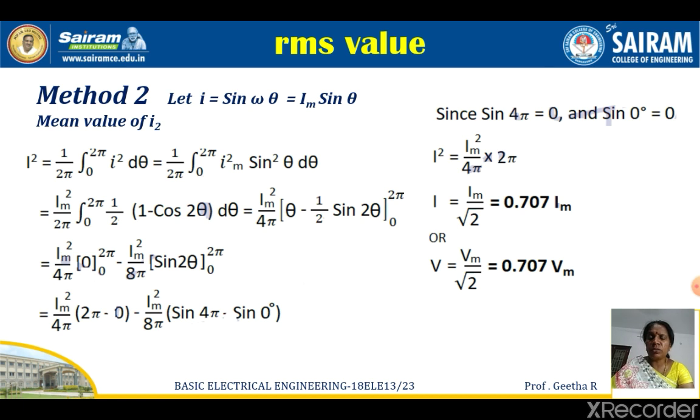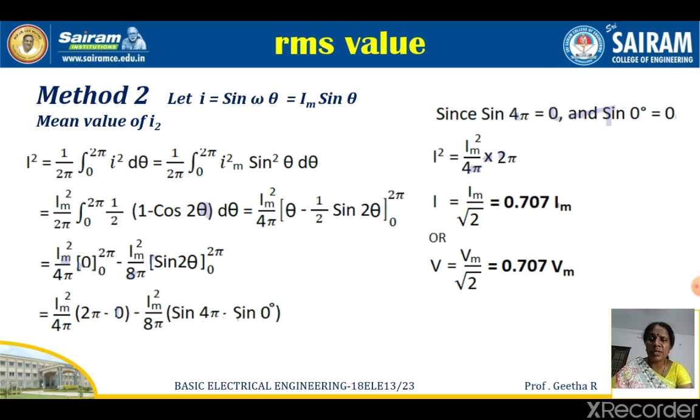In method 2, in this way also we can calculate the RMS value of a sinusoidal quantity. Consider i is equal to Im sin omega t. Omega t can be treated as theta. So i is equal to Im sin theta. The mean value of i squared is, first calculate the mean value. So i squared is equal to 1 by 2 pi, 0 to 2 pi, i squared d theta.